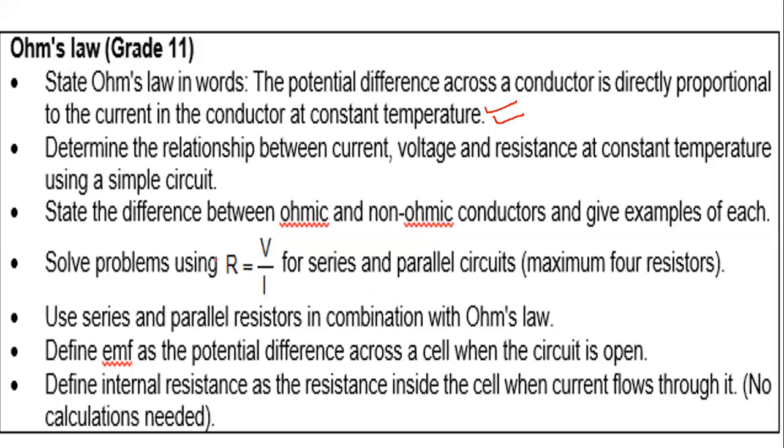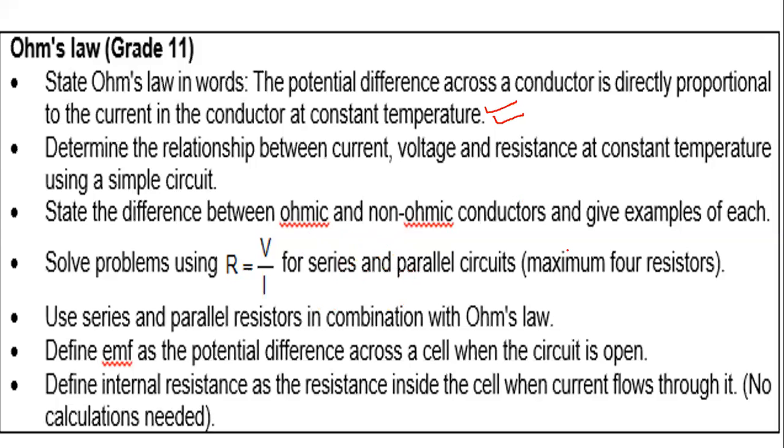And then we must be able to solve problems using this equation. The equation R is equal to V over I, for circuits where you have a series connection of resistors and a parallel connection of resistors, as well as a combination of resistors that are in series as well as in parallel in a single circuit.